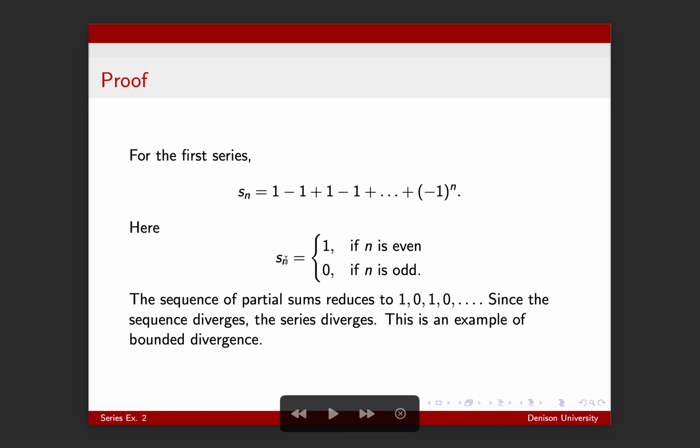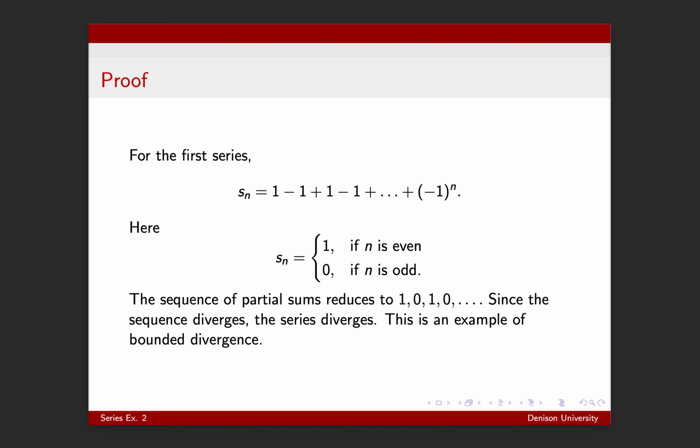So we get S_n equals (-1)^0 equals 1, as we have here. And then if n is odd, n equals 1, let's say, S_1 equals (-1)^0 plus (-1)^1, which is just 1 minus 1, which is 0. So the sequence of partial sums reduces to 1, 0, 1, 0.